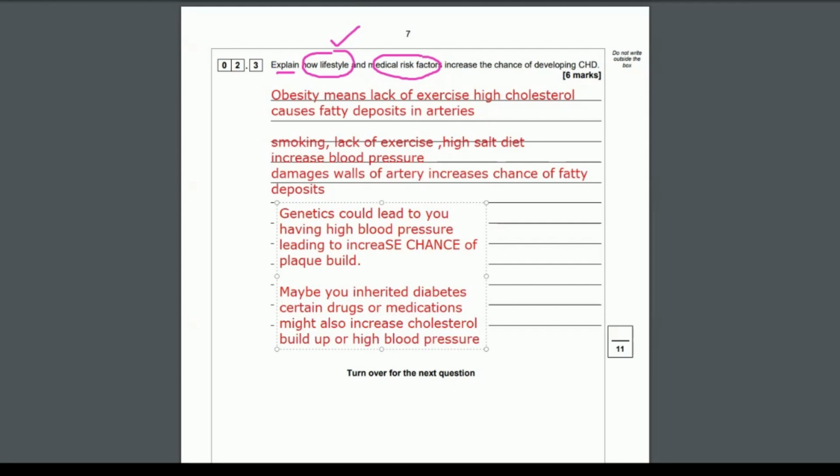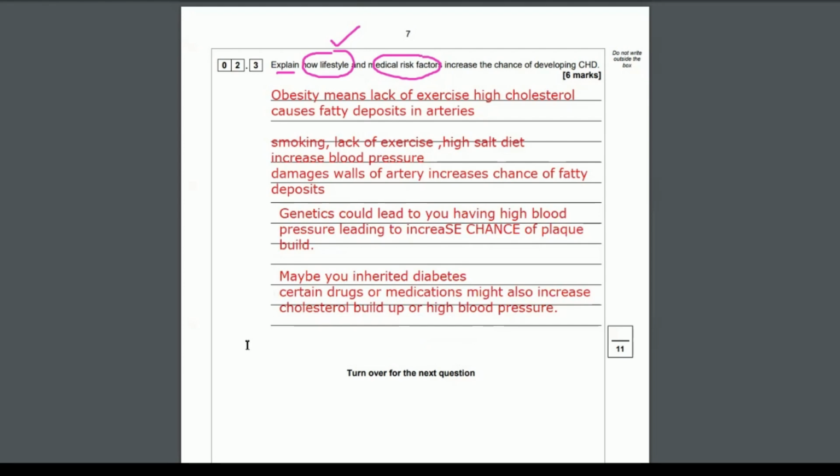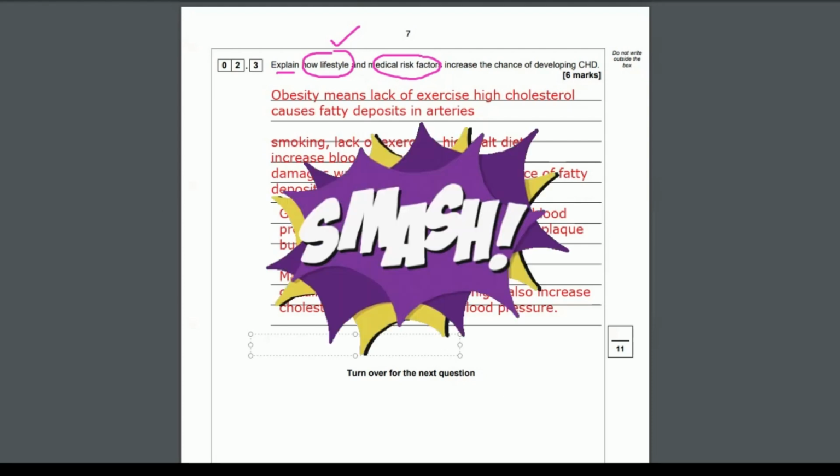So most of these risk factors, whether they're medical or lifestyle, are linked to high blood pressure, which is why when you go to the doctors and do a health check, they're really interested in checking your blood pressure. We've given examples, and there we go. If you inherit diabetes, you're more likely to end up obese as well. All of those kind of things. Right. Let's smash on to the next question.